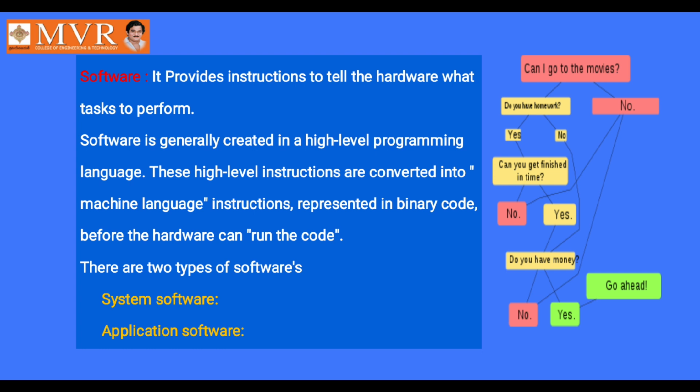How does it perform this booting? With the help of an operating system, like your Windows XP, your Android, your Linux, which you are going to learn in the next semester. These are all operating systems, which are examples of system software.